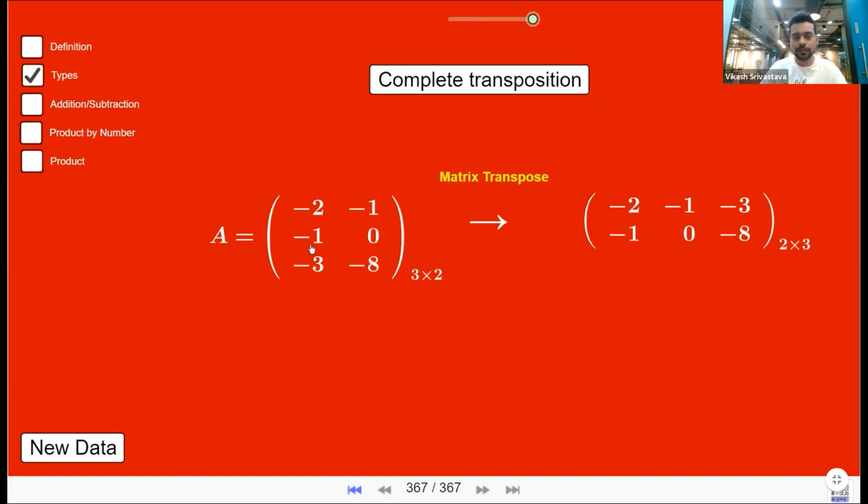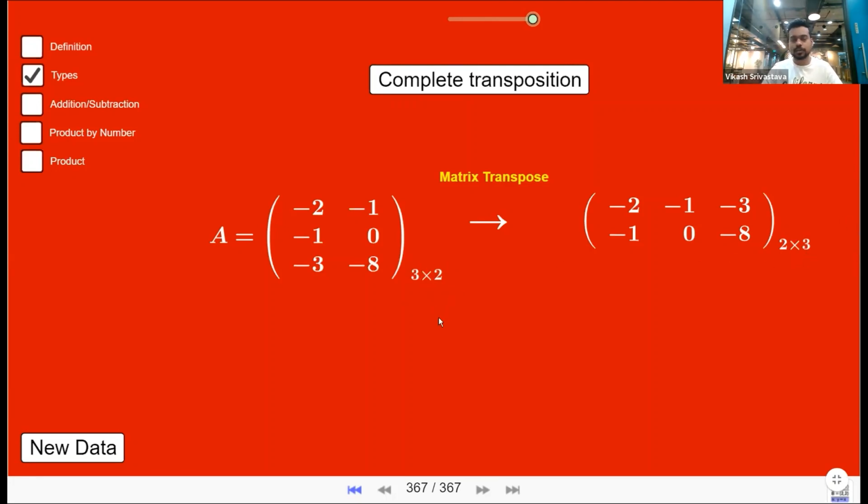In this case, -2, -1, -3 is a column. When we transpose this, this particular column will become a row. So this will be a row here, -2, -1, -3, and then this particular column, which is -1, 0, -8, will again become a row after we transpose this. So this will be -1, 0, -8, and as you can see, the order of the matrix has changed.